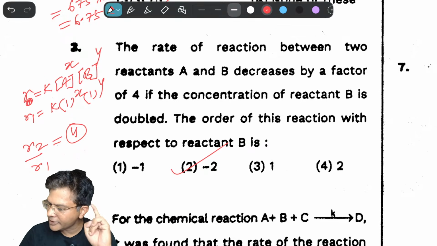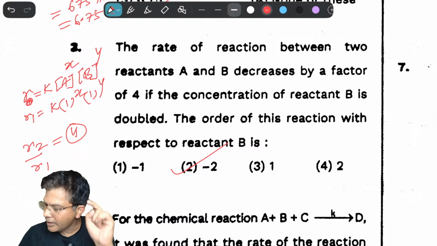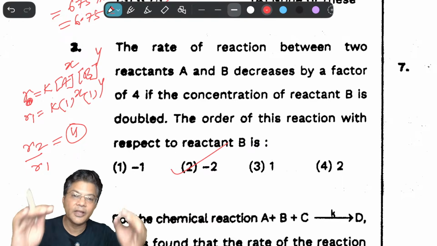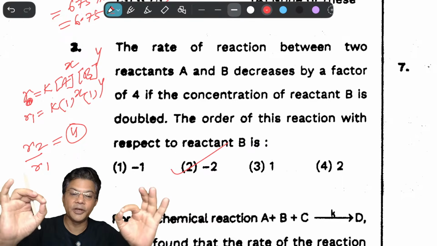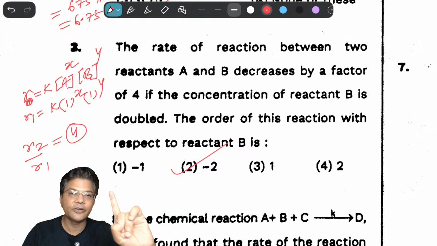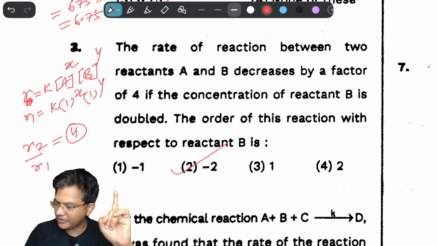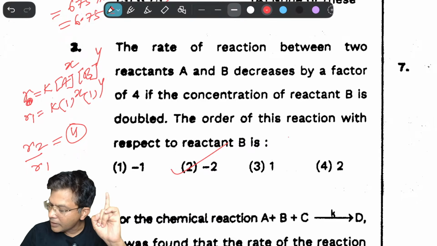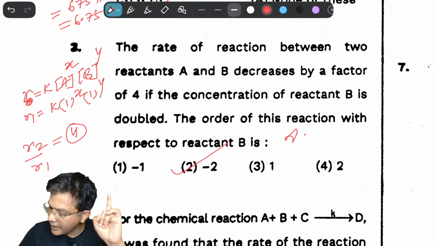The rate of reaction between two reactants A and B decreases by a factor of 4 if the concentration of reactant B is doubled. But they should have mentioned over here that A is remaining constant. That is missing. In the question, they should have written A remaining constant.